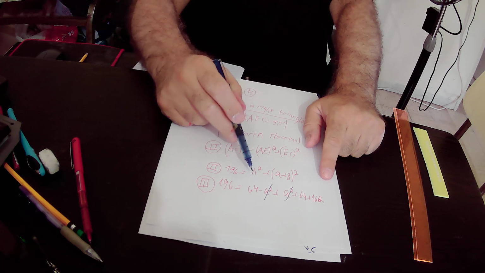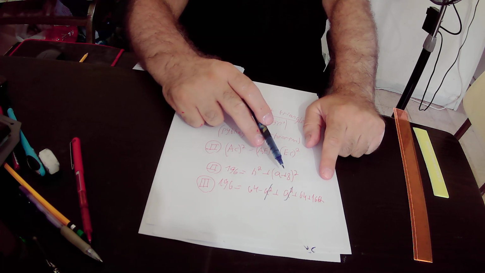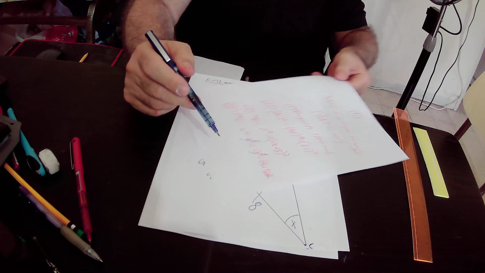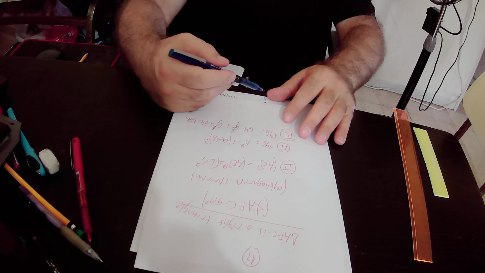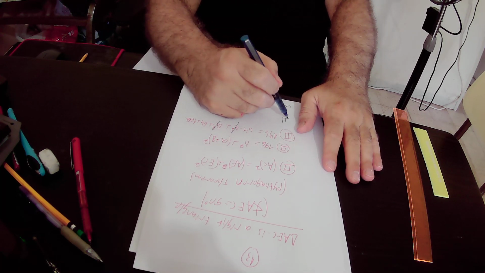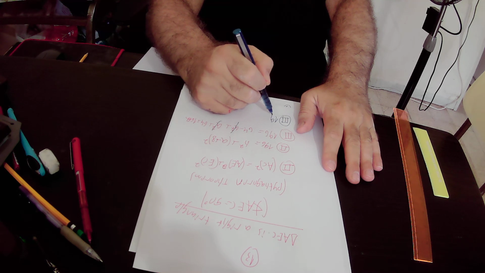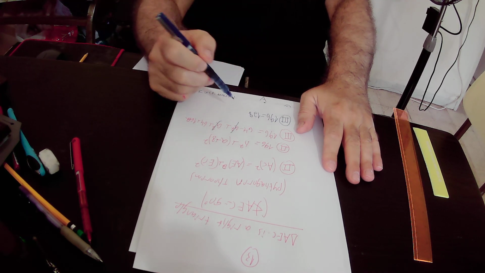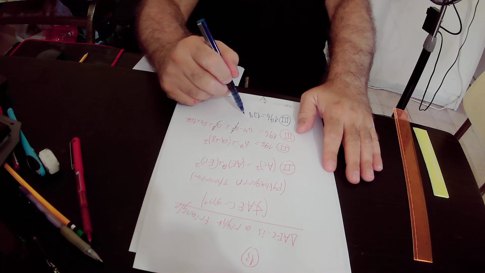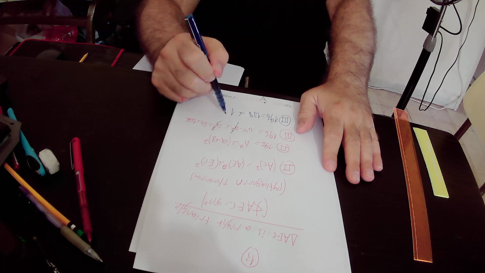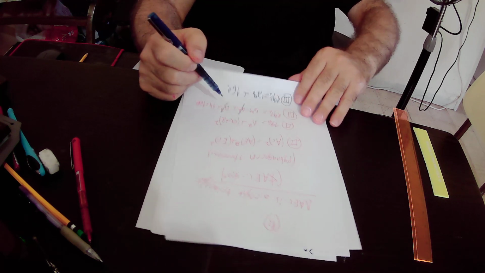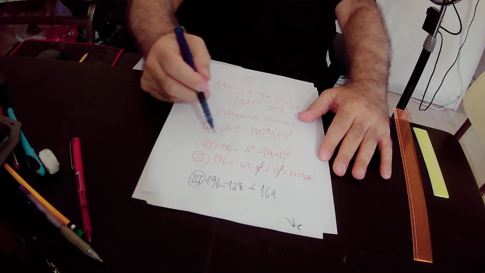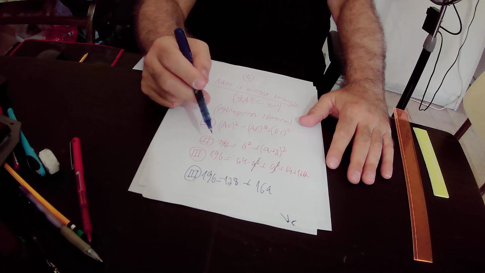So 64 plus 64 is 128, so I will write it down. We got that 196 equals 128 plus 16a.